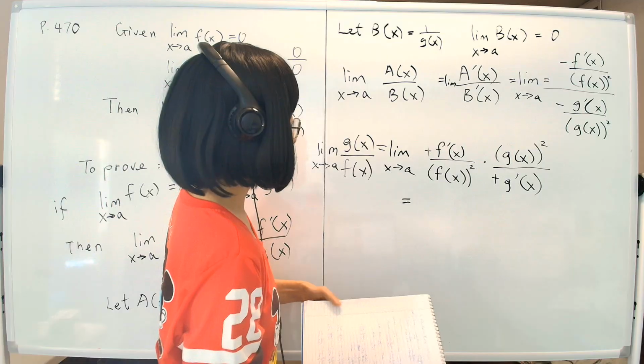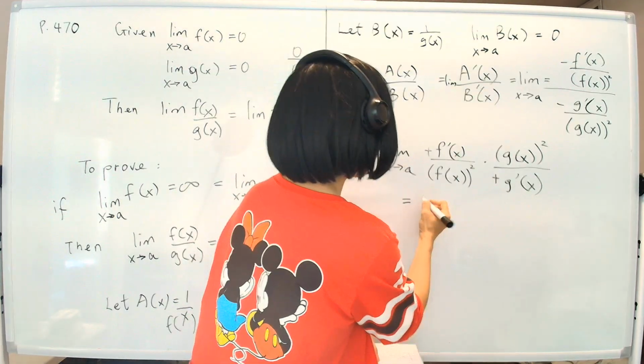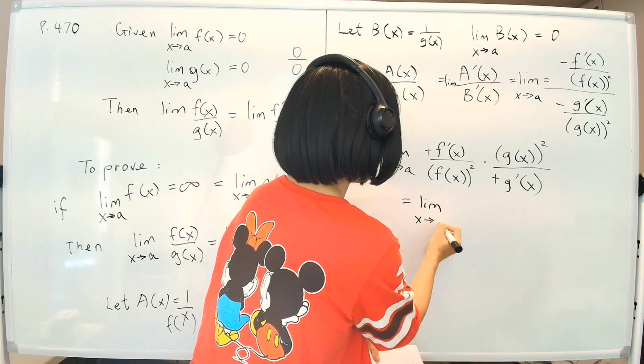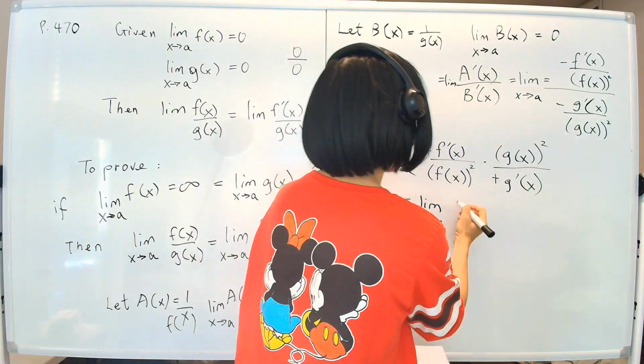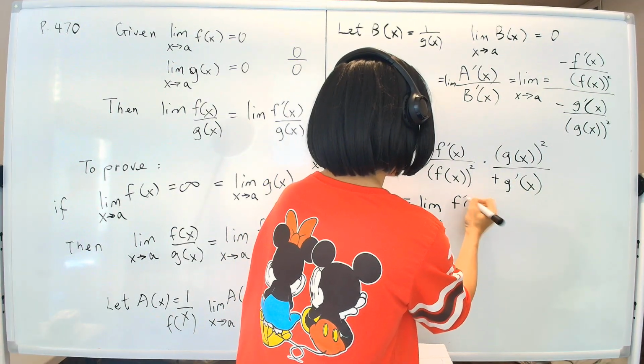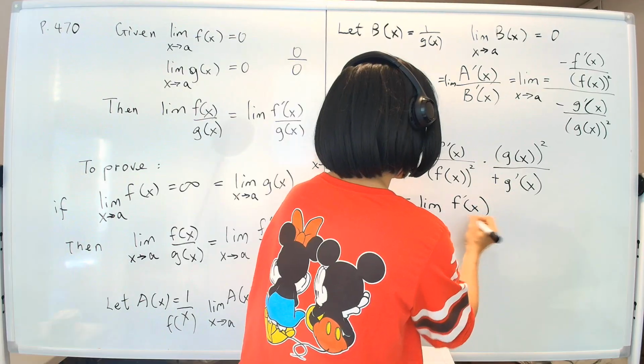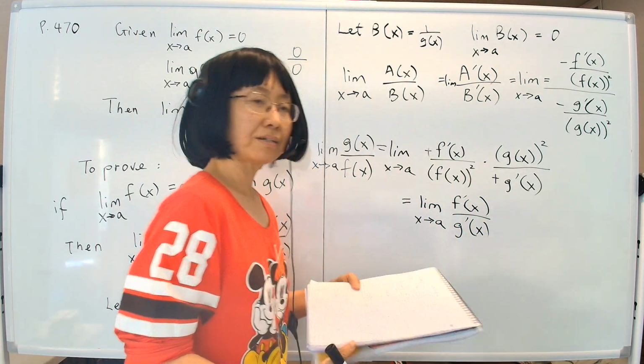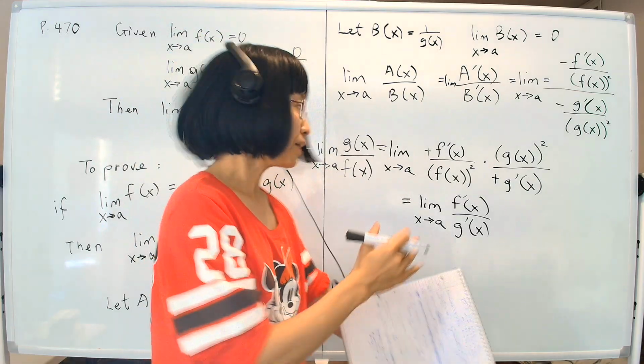So then we will write down on this side what's left: the limit as x approaches a of f prime of x over g prime of x. Okay, and then what's left on this side?